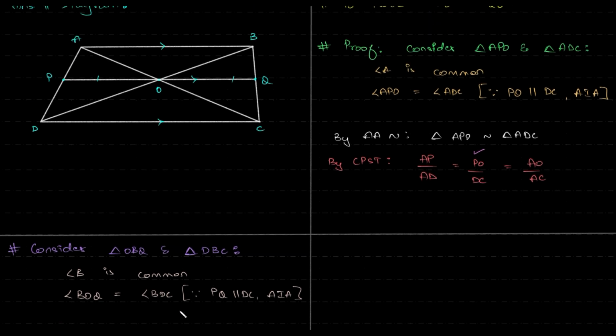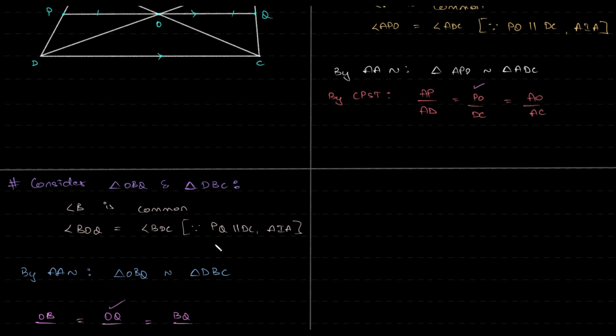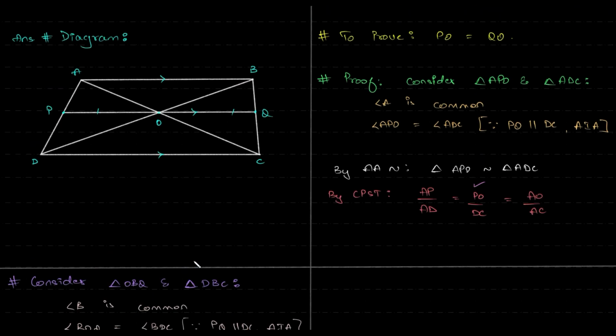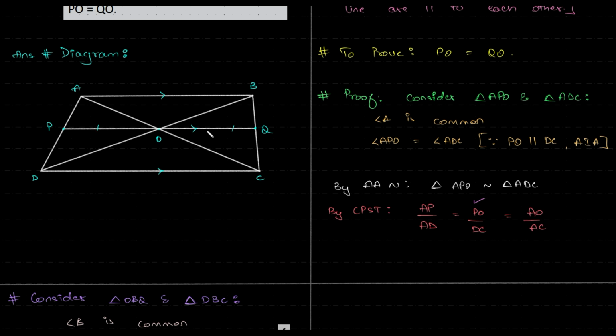The only way is if I get a ratio for AO and AC, and at this end we have BQ and BC, using this triangle and this triangle.